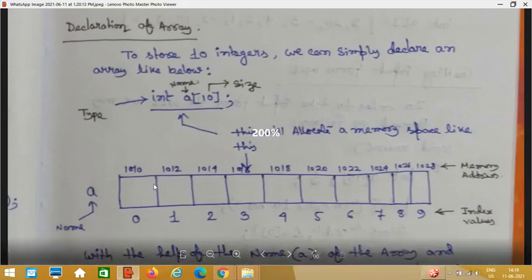Look here, I'm considering this 1010 as the address of the first block. 1010 is the memory address of the first block. Now see here, 1012 is the address of the second block. Why does it show this? Because these two blocks are contiguous blocks, one after another.